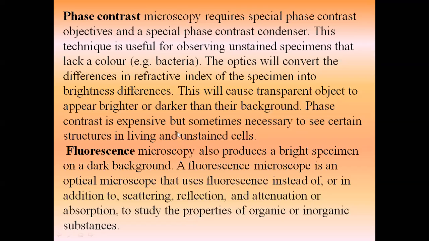So the idea is the optics will convert the difference in refractive index of the specimen into a brightness difference. This will cause transparent objects to appear brighter or darker than their background. Phase contrast is expensive but sometimes necessary to see certain structures in living and unstained cells.